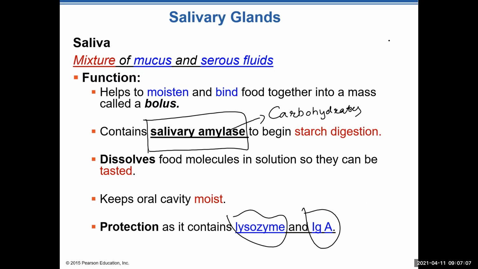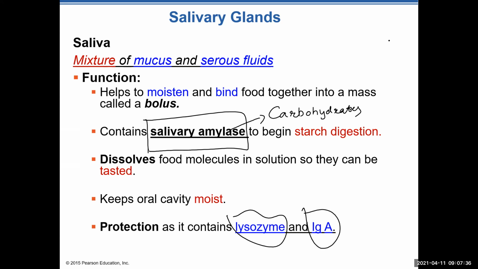So partial digestion of carbohydrates, the complex carbohydrates which you eat, are converted into disaccharides or oligosaccharides in the mouth. And from oligosaccharides, when they reach the stomach, they will be converted into disaccharides, like sucrose. And from those, they will be converted into monosaccharides, like glucose.